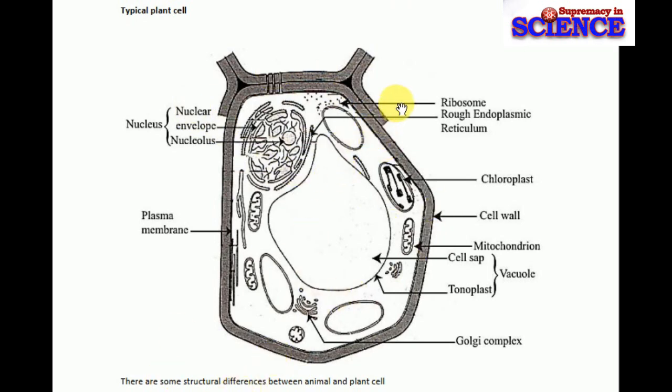Other than the structures we found in the animal cell, which are always present in plant cells, you can see a large area covered by a large sac-like structure we call the central vacuole of the plant. It has two parts: the internal region we call the cell sap, and the boundary which covers it, called the tonoplast. Altogether we call it the central vacuole. That is a unique feature found in the plant cell.